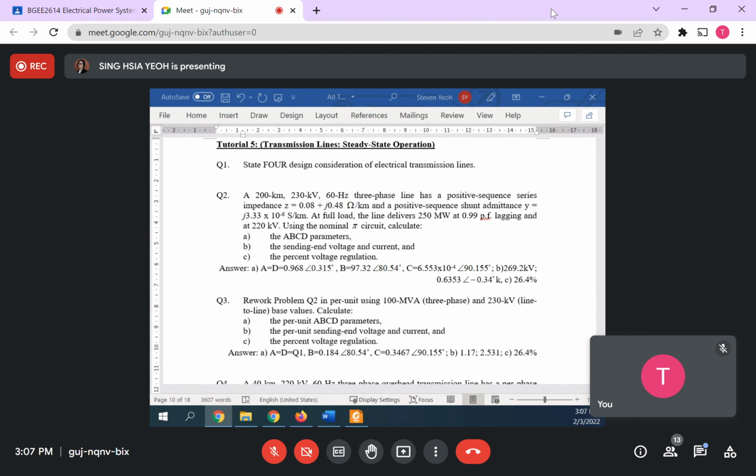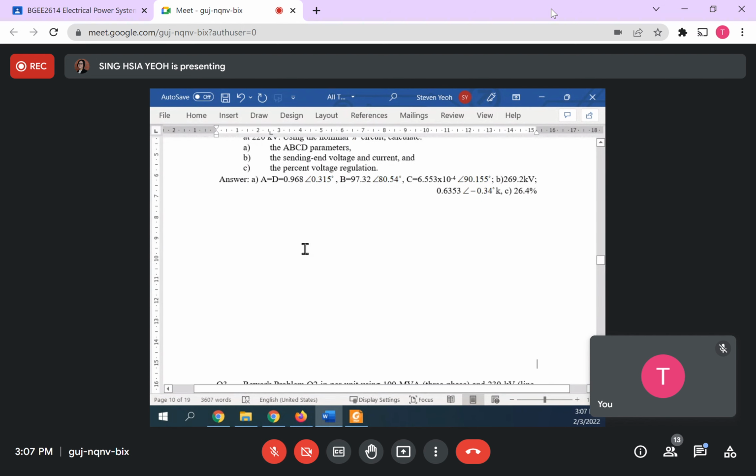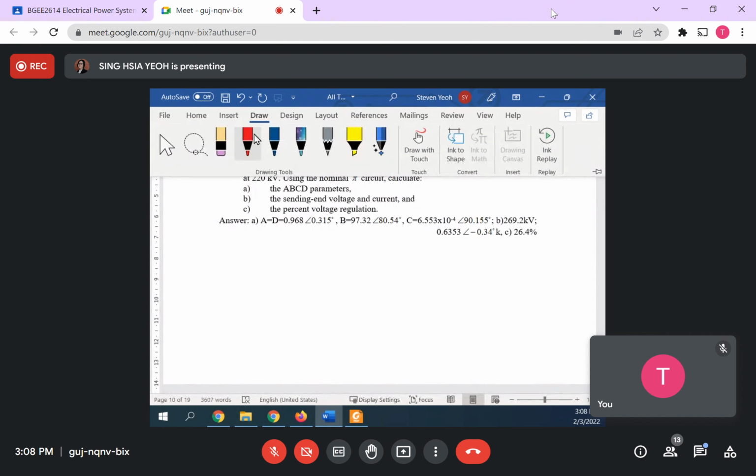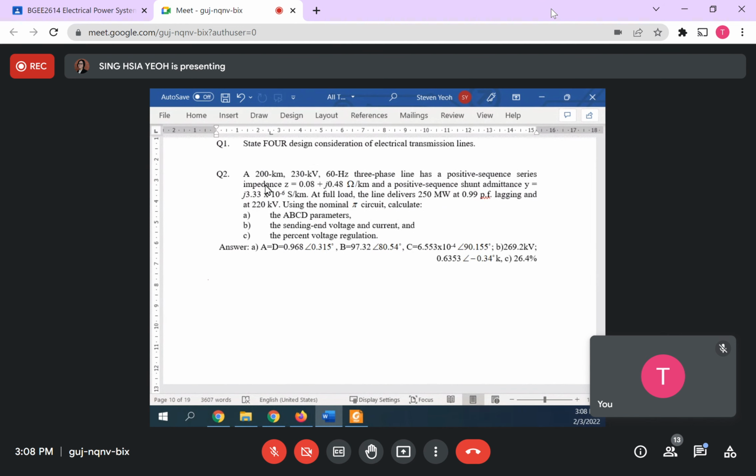Okay, so first of all, question 2. You see, right? Question 2, they ask for the ABCD parameters. So you know that this is a 200 km line, right? So it's a medium line.